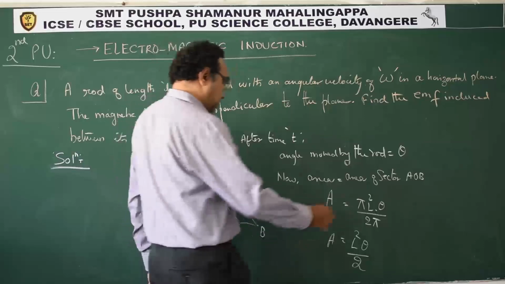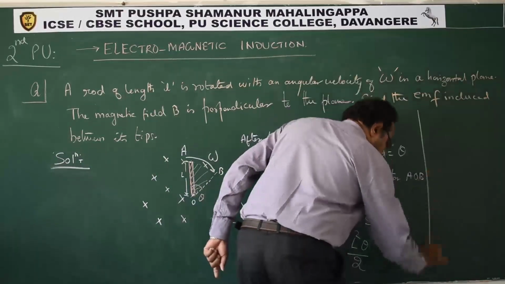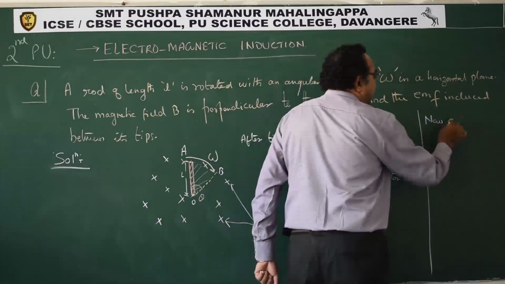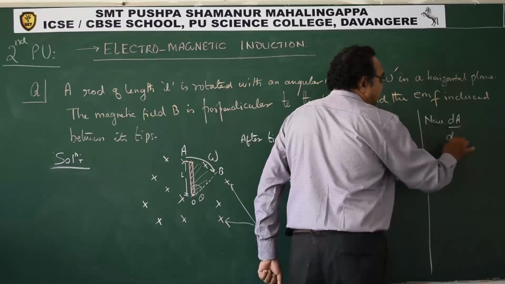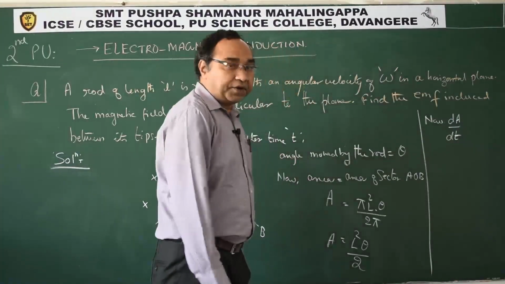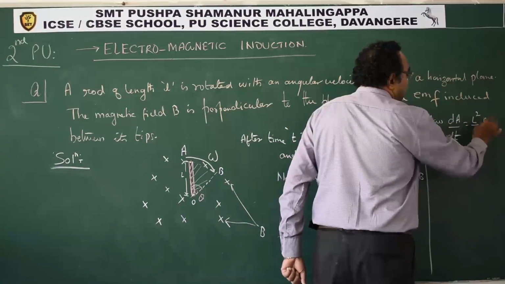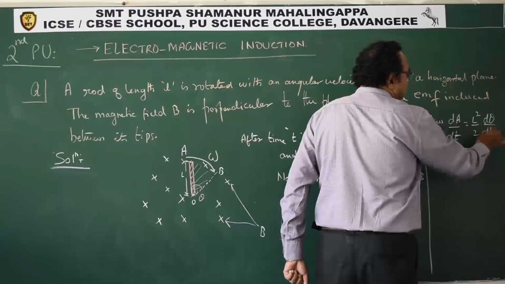Now the change in area, dA by dt. L square is constant, 2 is constant, so we get d theta by dt.